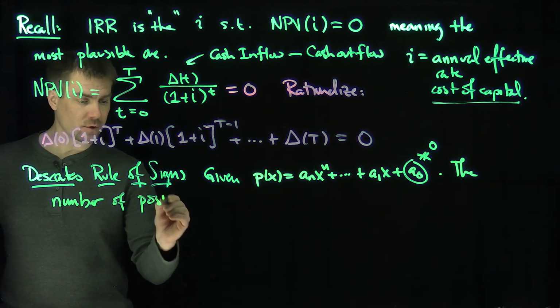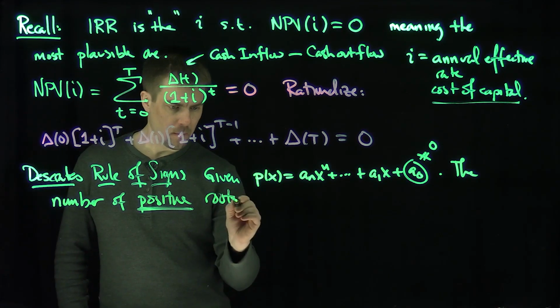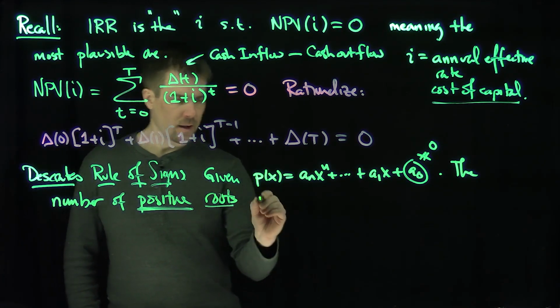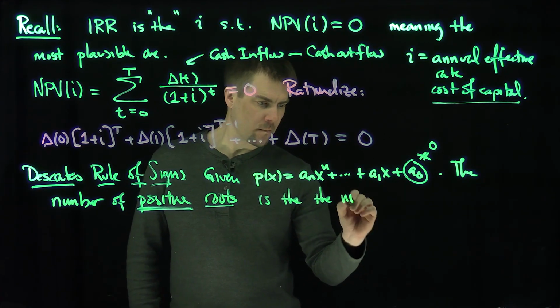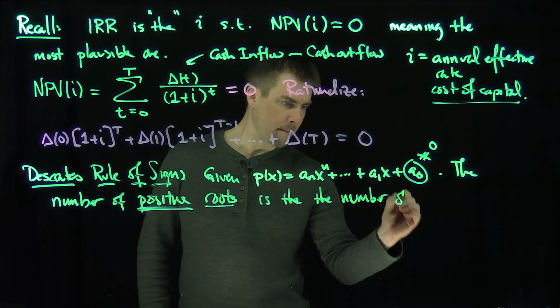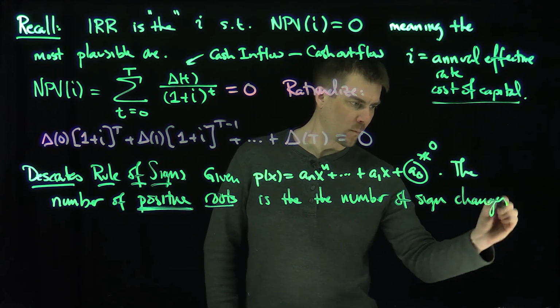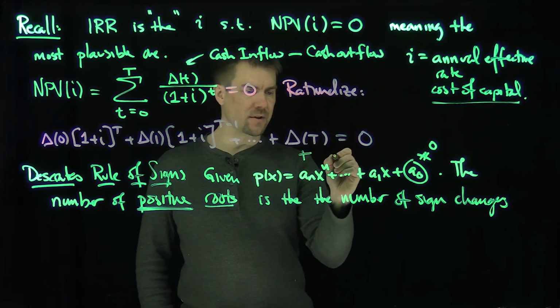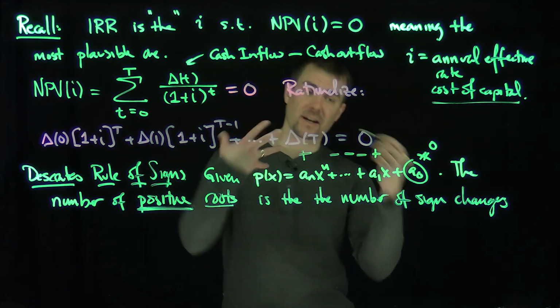The number of positive roots, or positive solutions, is the number of sign changes. In other words, if I go from positive to negative, that corresponds to one sign change. If I say negative, negative, positive, that'd be my second sign change.